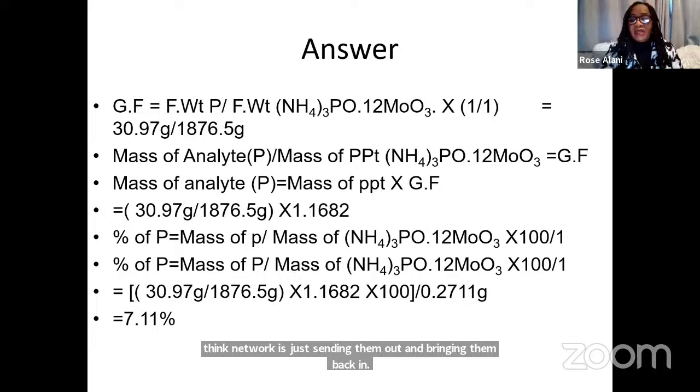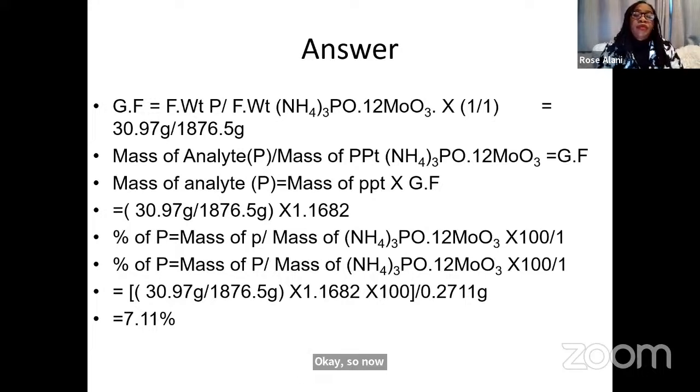This is the answer. So this is how you can solve it. You get the gravimetric factor. Now you get the mass of the analyte over the mass of the precipitate. And then you multiply that by your gravimetric factor.